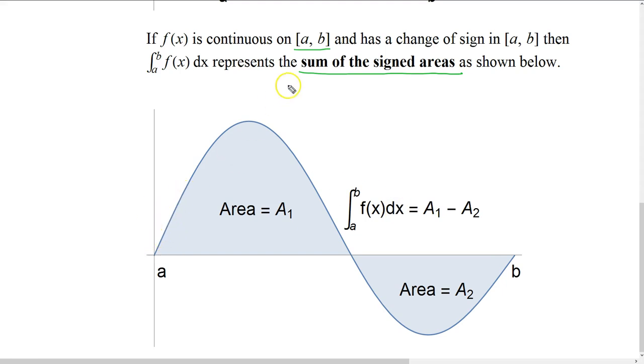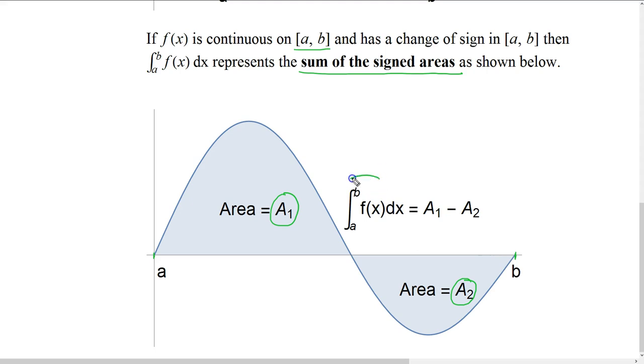So, to illustrate what we mean by the sum of signed areas, we have a function here over the interval a to b. Notice that it is positive on part of the interval and then negative on another part of the interval. And we have listed here the areas. So a1 is the area where the function is above the x-axis, and a2 is the area where the function is below the x-axis.